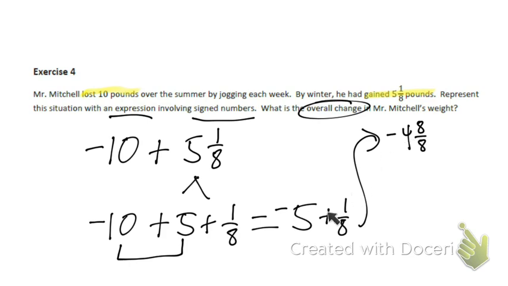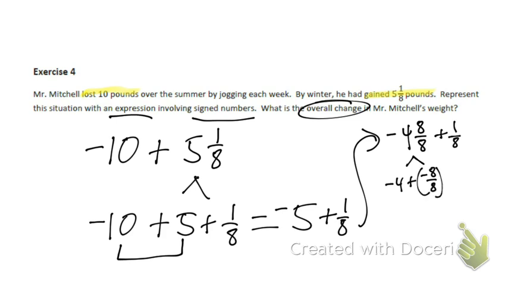That makes 5, right? That's why we got the 5 there, and it's okay to change it like that. Plus the 1/8. Let's break this apart. I know it looks like extra work here, but it's the same thing we did earlier. We break it apart to negative 4 and negative 8/8.